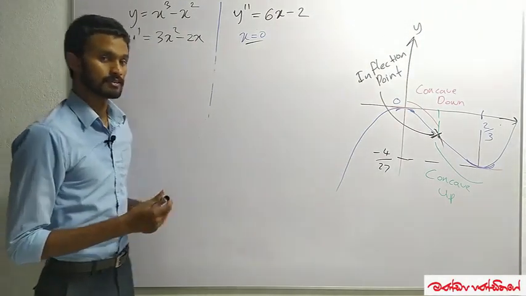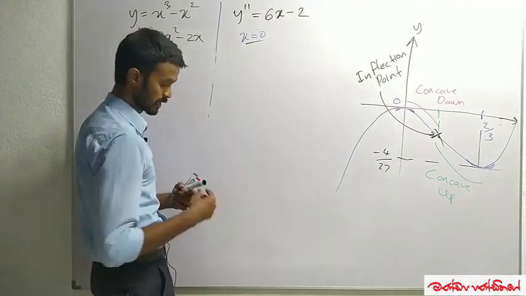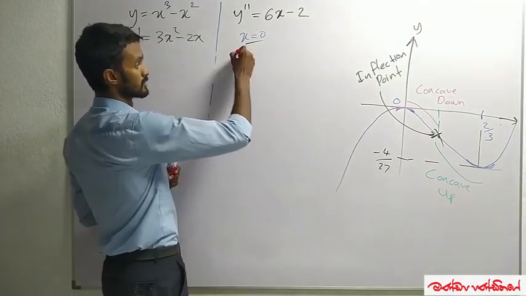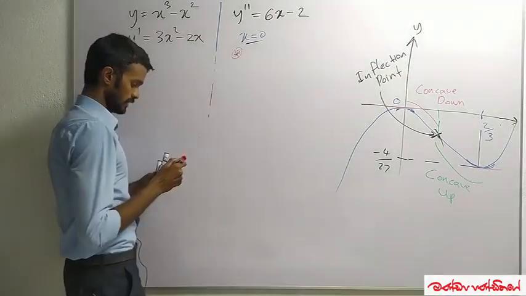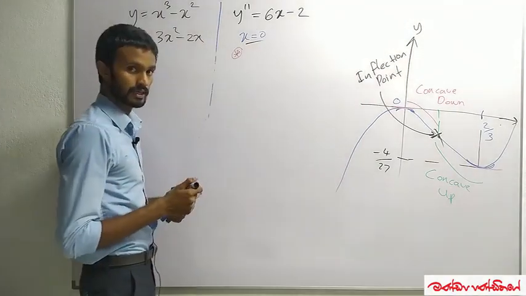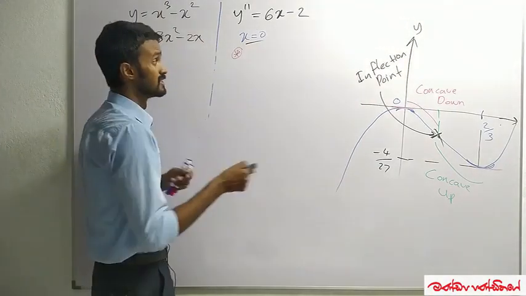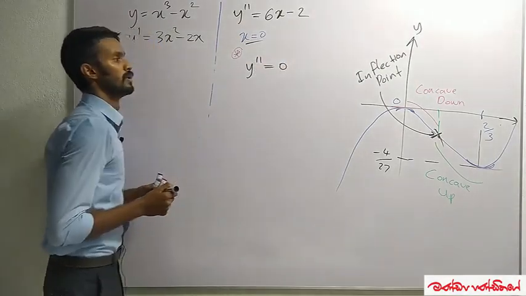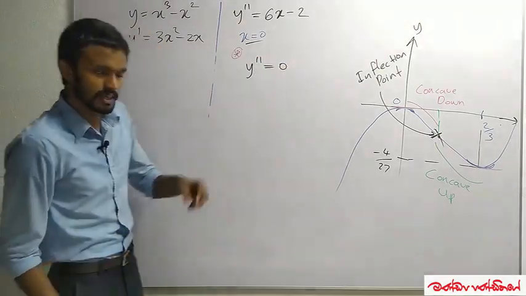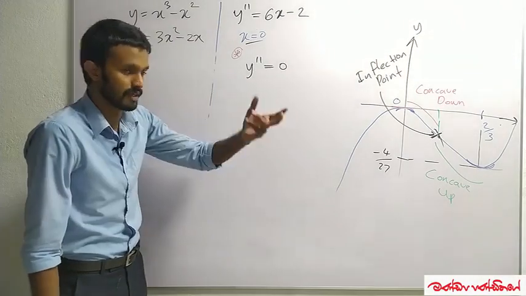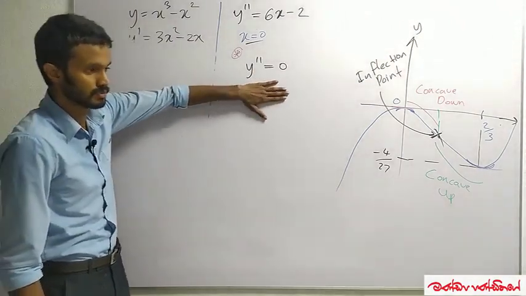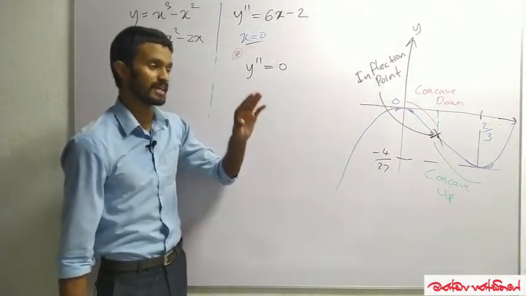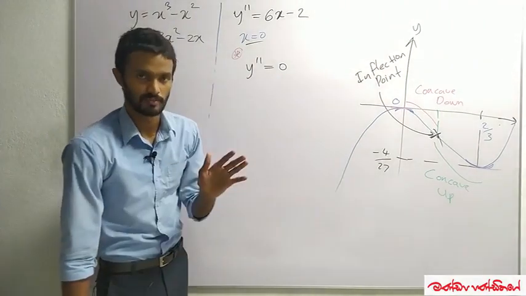This is the theory part, and I'm using a red star for the theory. If there is any x value such that y double dash is equal to 0, that point can be an inflection point.